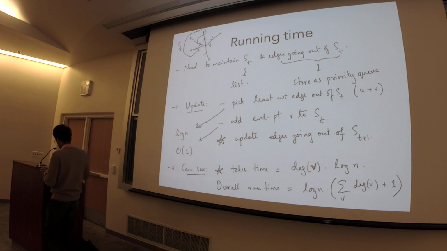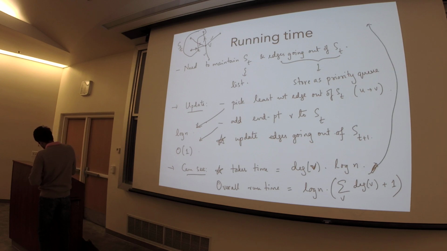This is true in any graph. So this overall running time right here is O of log n times number of edges plus number of vertices.